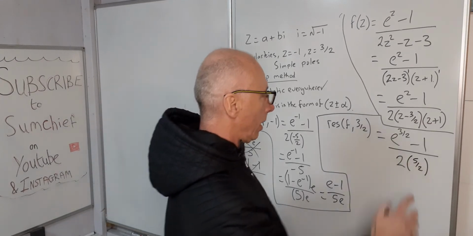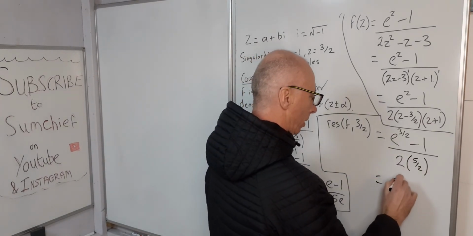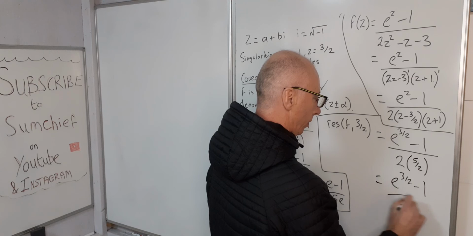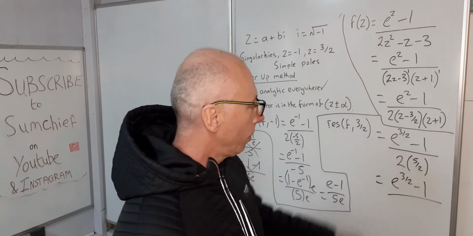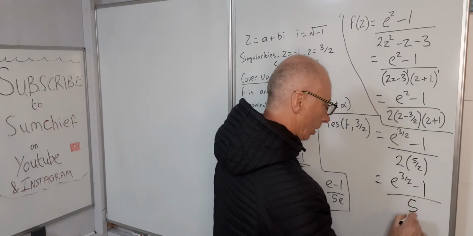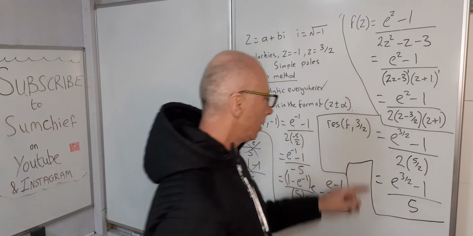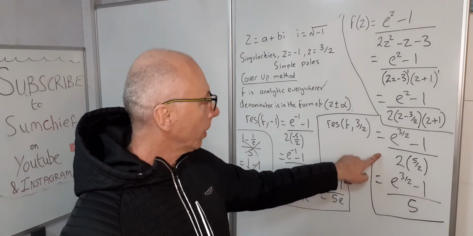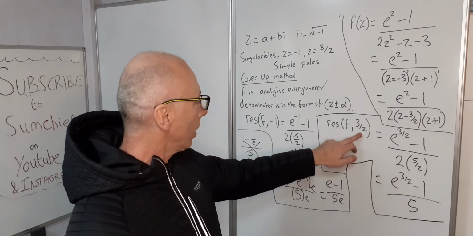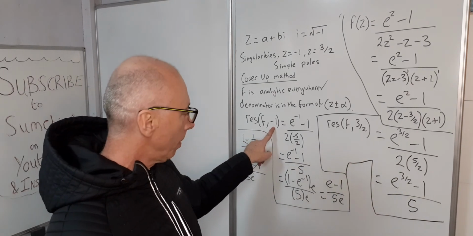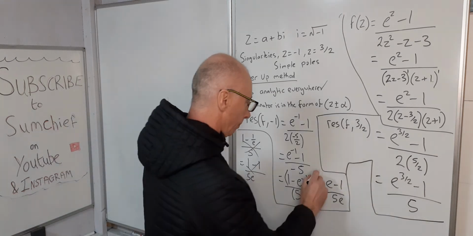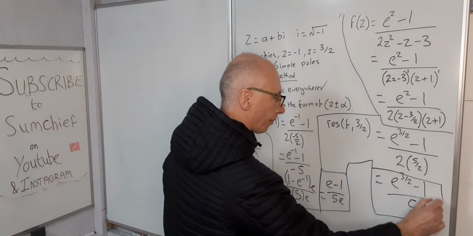Okay, now let's clean that up a little bit. e to the 3 over 2 minus 1, over 2 times 5 over 2, that's 10 over 2, which is 5. That gives us our answer to that one. Okay, those are our residues of f at 3 over 2 and f at minus 1. That's this one and this one.